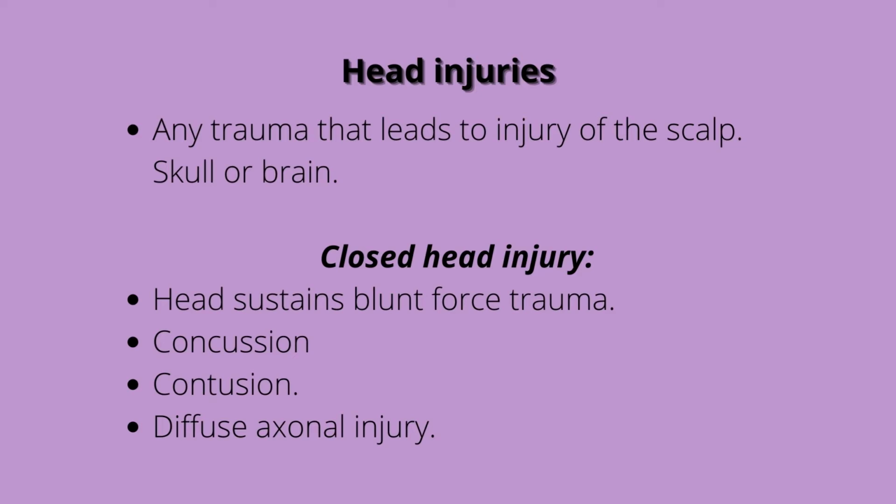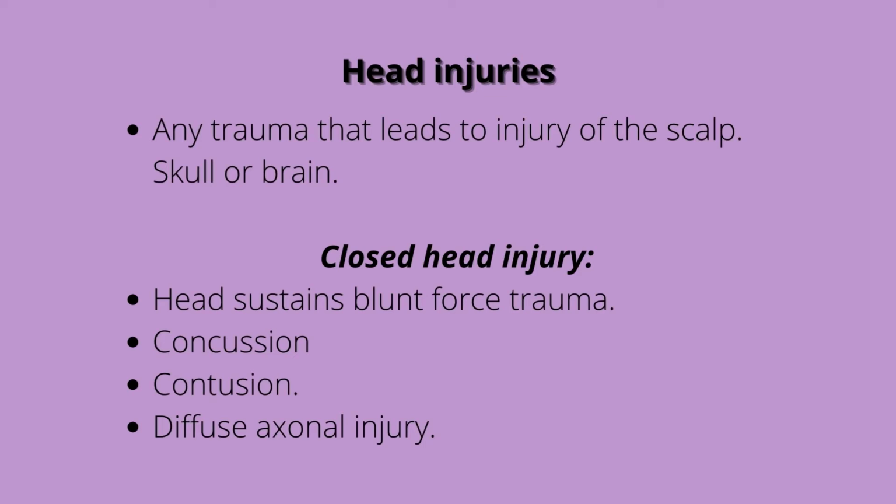There are three types of brain injury that we need to know, which include closed head injury, basal skull fracture, and hematomas. So closed head injury is when the head sustains a blunt force trauma, and it could be three various types, which are concussion, contusion, and diffuse axonal injury.